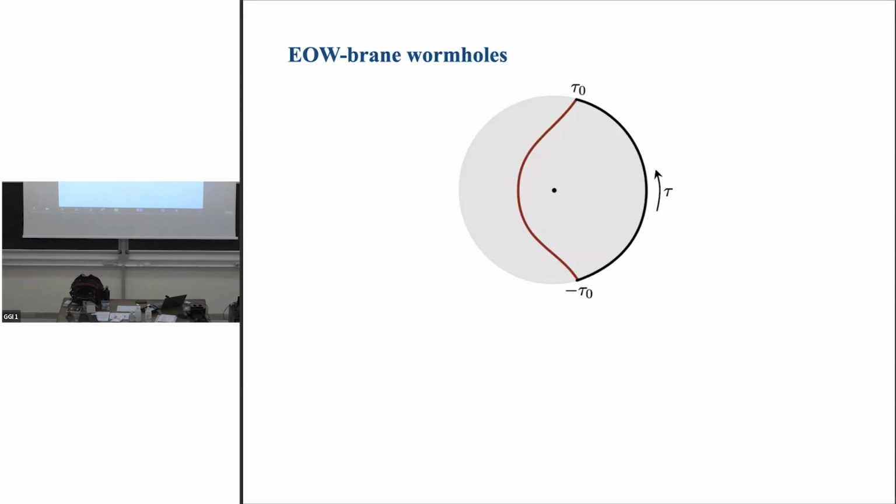So again, the geometry is just one of these cut-off eternal black holes, but the equation of motion for this red line is different from the equation of motion for the thin shell. So it's just two different equations of motion, but otherwise the description is very much the same.